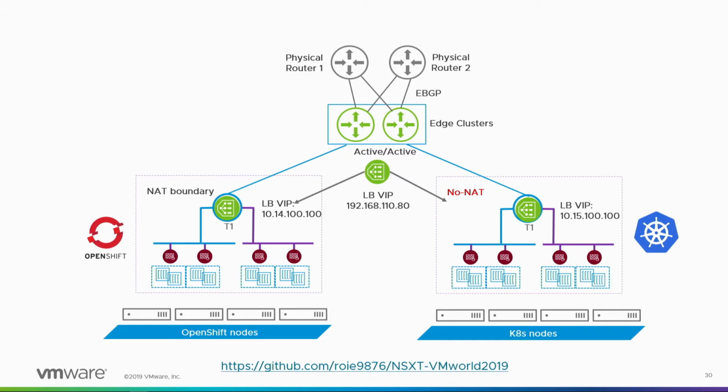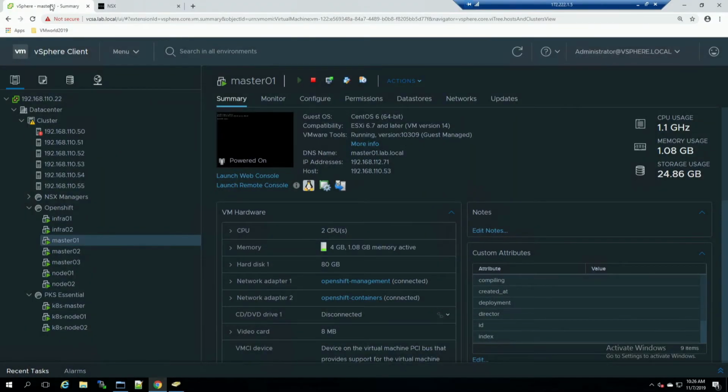Let's start by switching to the environment. So this is not a video; it's a real live environment. What you see here is the vSphere. We created the OpenShift cluster. We have 2 infra, 3 masters. NSX will be the load balancer for the masters, of course. We have 2 nodes. The second cluster is PKS Essentials. If you are not familiar, what does it mean?